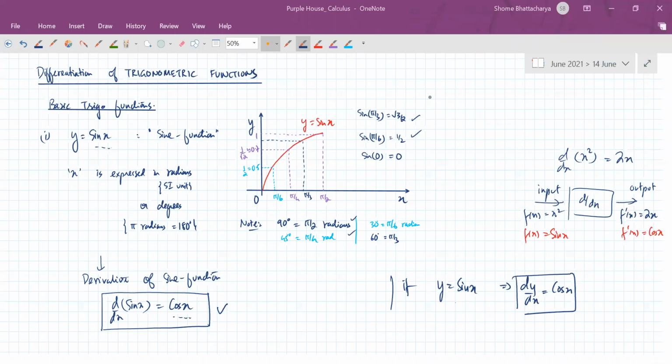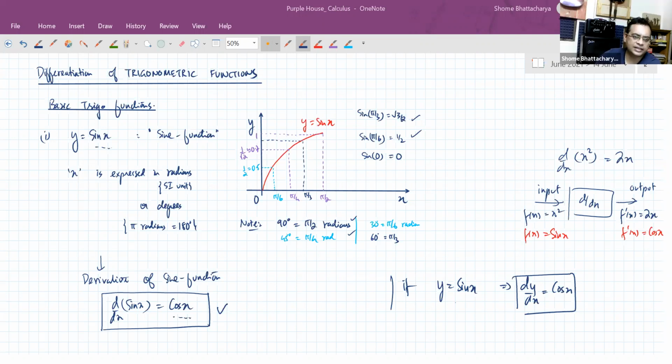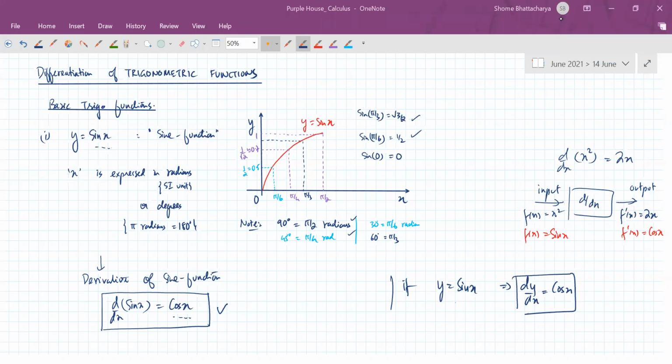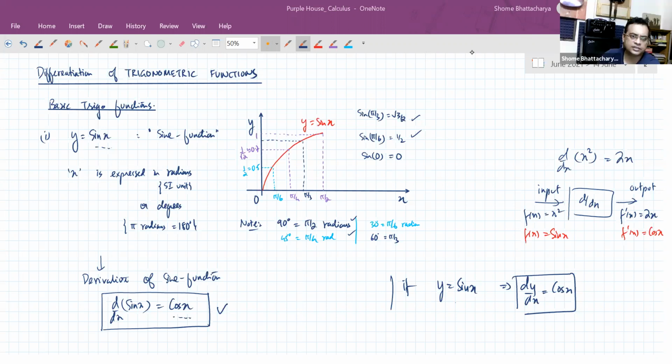Sir, while solving, we will be given the value of x, right? Depends, no? Whether we are finding the derivative of the function or the value of the derivative at some point. Like the question we were doing today, suppose s is given as 10t plus t square, and we are asked to find the instantaneous velocity.